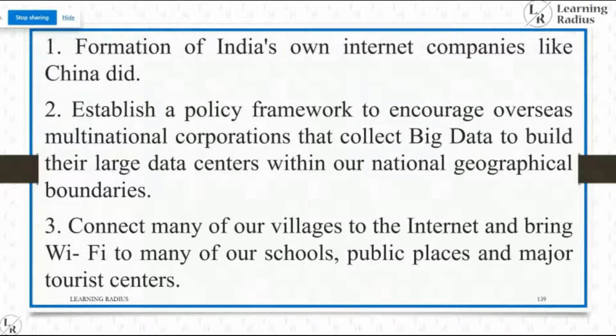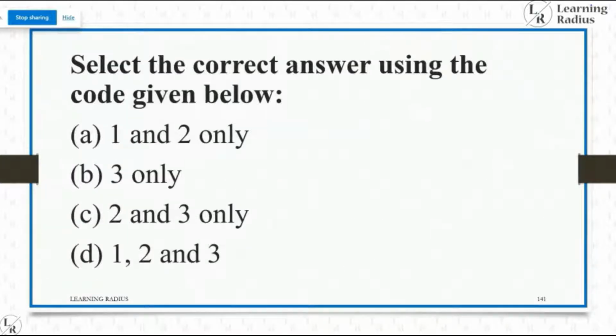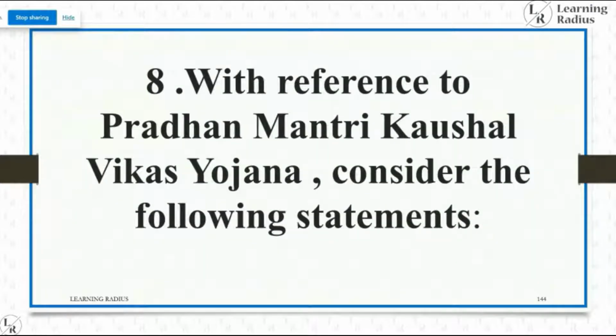Now, connecting many of our villages to the internet and bringing Wi-Fi to many of our schools, public places, and major tourist centers, that is right. So when you look at the options, 1 and 2, 3 only, 2 and 3, 1, 2, 3: I repeat, the first and second statements are wrong, and only the third statement is right.